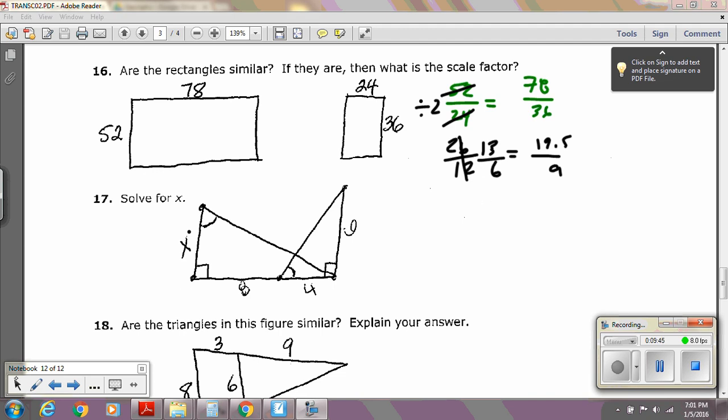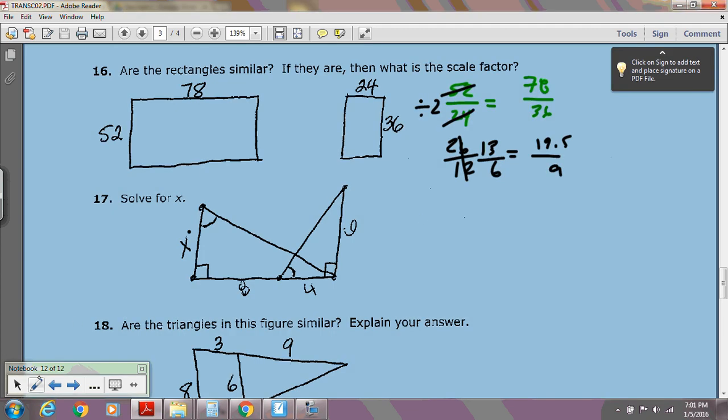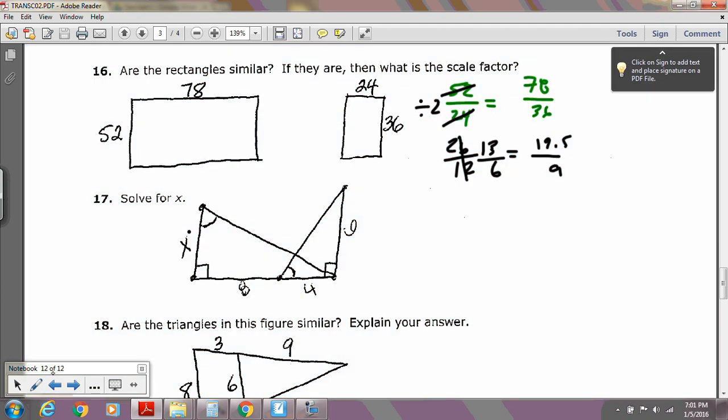So, at the end of the day, we would say no. They're not similar. Again, in order to be similar, these two should equal the same fraction when it's reduced. And since they don't, then they're not similar.